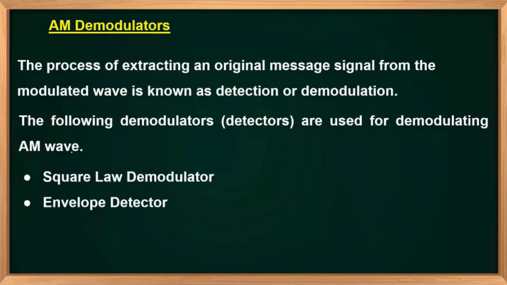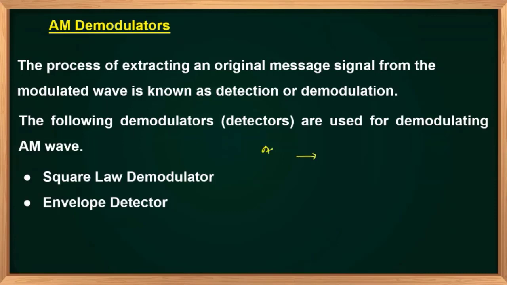Then similarly, we will discuss a block diagram level discussion on AM demodulators. Demodulators are used for demodulating the signal. The original message signal, the modulating signal, can be extracted from the modulated wave using a demodulator circuit.